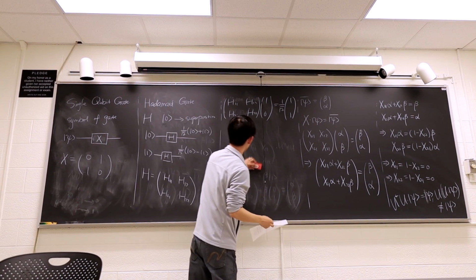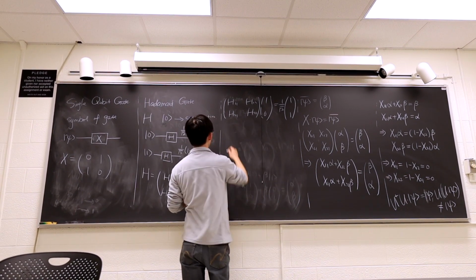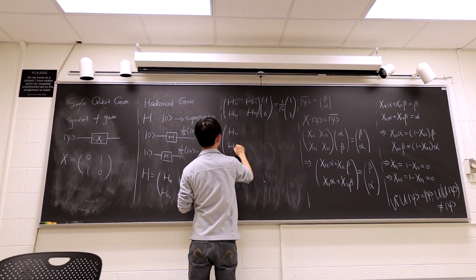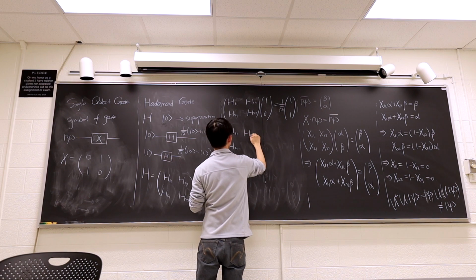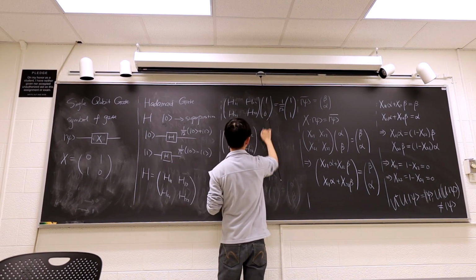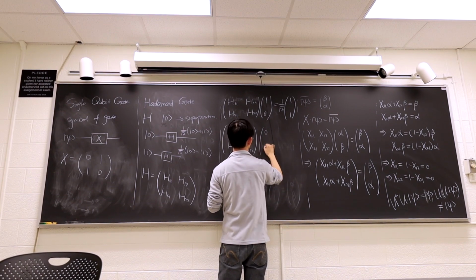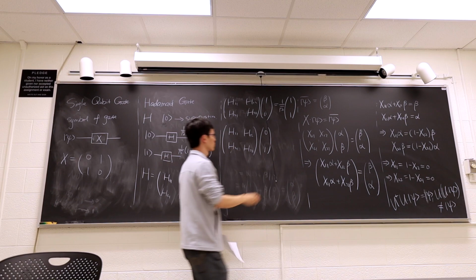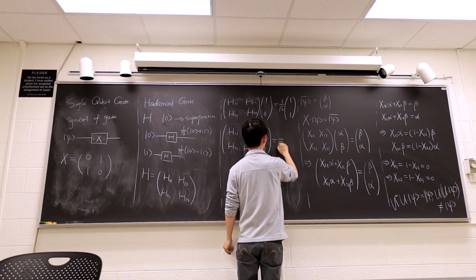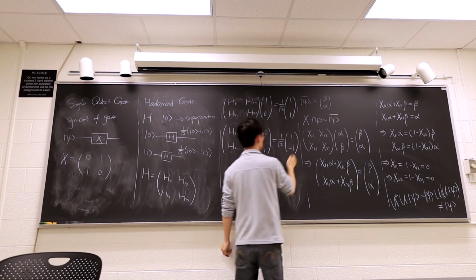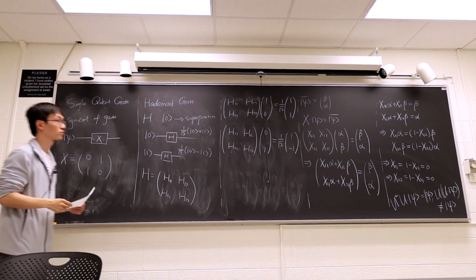And then you also have your gate operated on 1. This is your 1 state, which goes to 1 over square root of 2 times (1, minus 1).